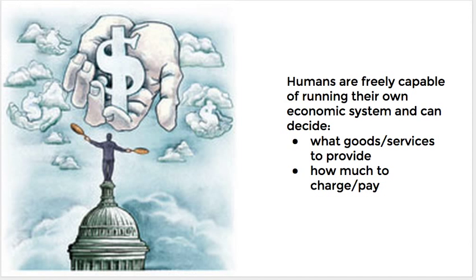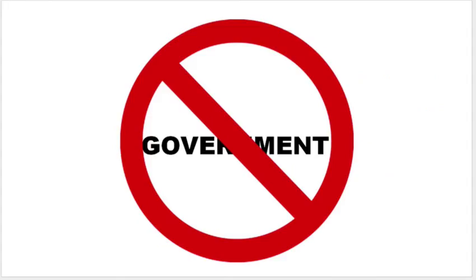Some of the core beliefs of capitalism or the free market is that humans are freely capable of running their own economic system, so they don't need government involvement, that working together we can decide how goods are produced, how services are provided, and that it also works out that we can figure out how to charge and how to then pay for those goods.